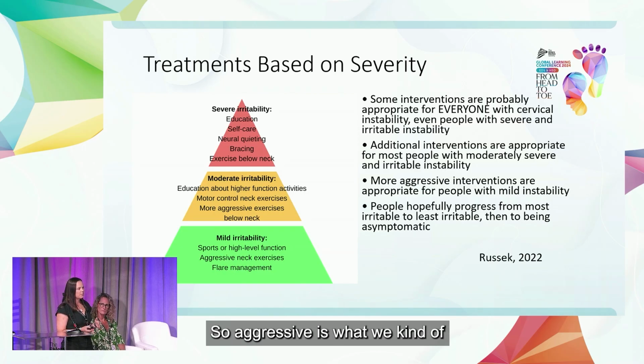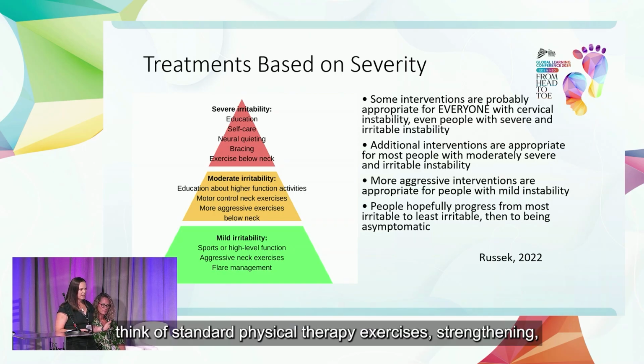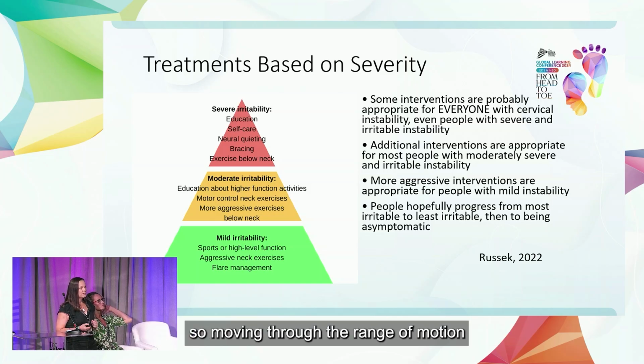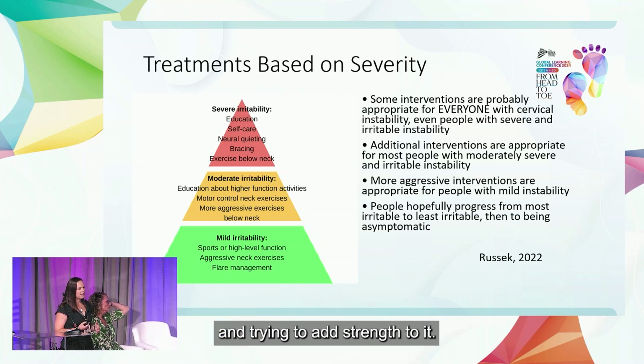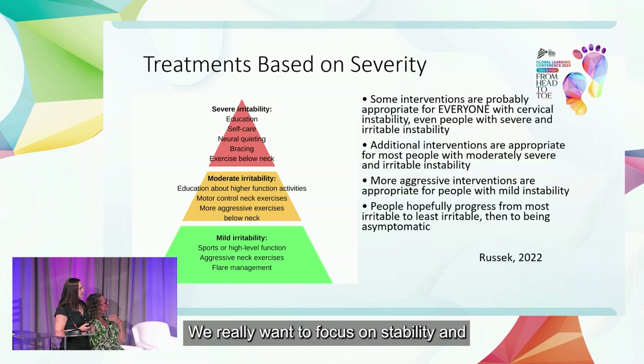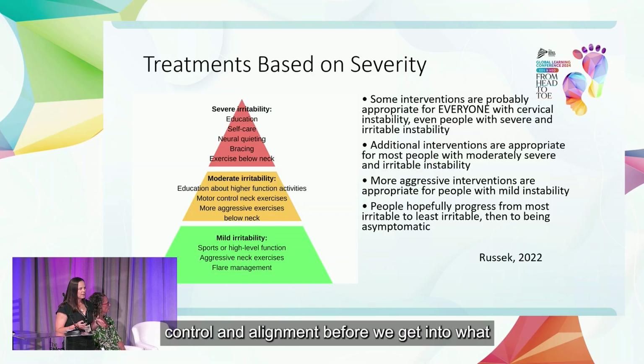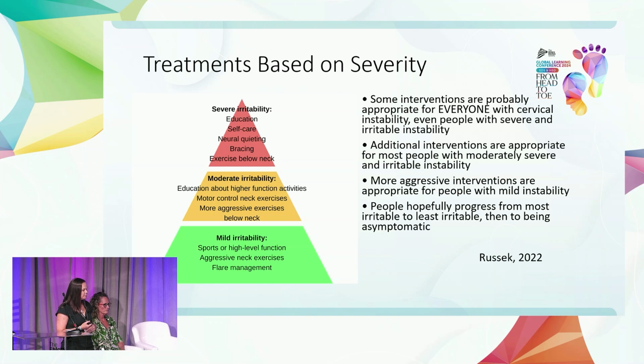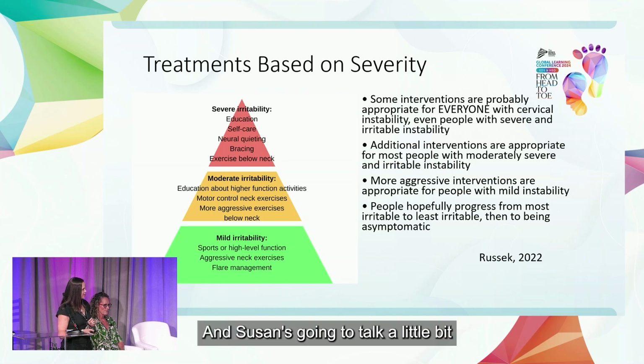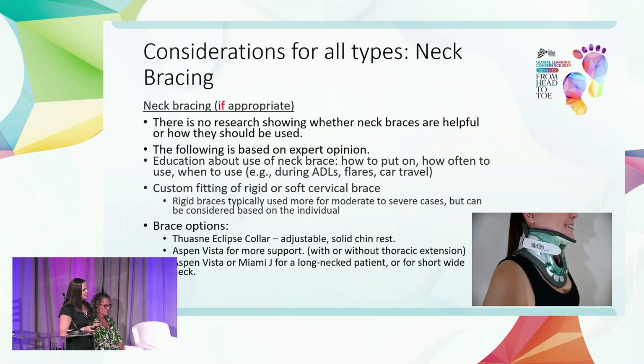So aggressive is what we kind of think of as standard physical therapy exercises, strengthening. So moving through the range of motion and trying to add strength to it. We really want to focus on stability and control and alignment before we get into what we consider more aggressive for instability. And Susan's going to talk a little bit more about what falls into those categories.